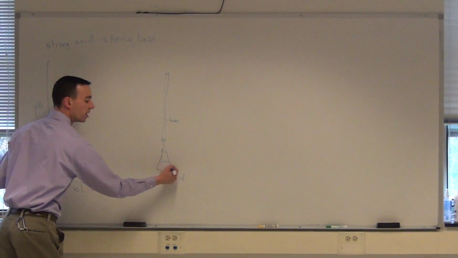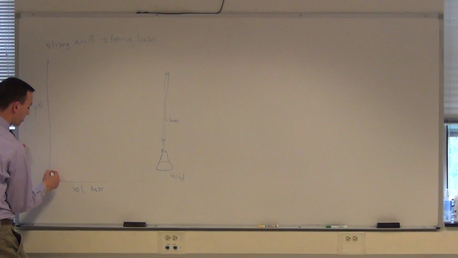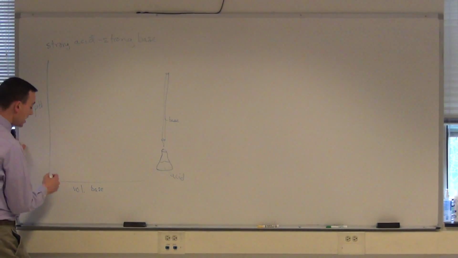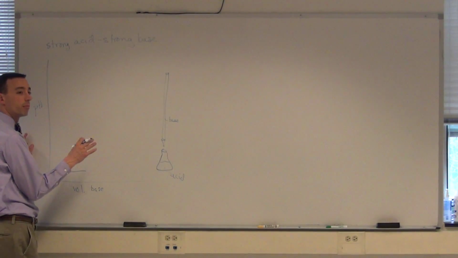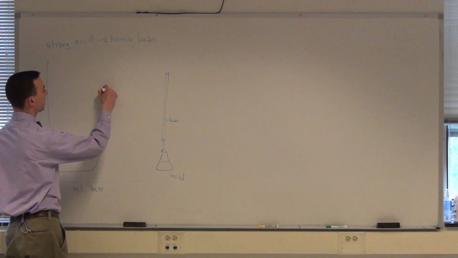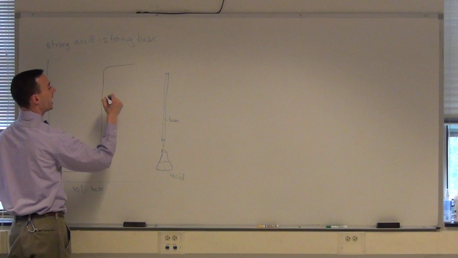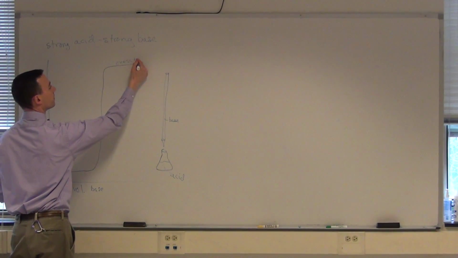At the start, we have a huge excess of acid, H3O+, so the pH would be very low, and that would stay that way for a very long time. Then all of a sudden, as we reach the molar equivalency between the two, the pH would rise very rapidly, and then it would flatten out again when we have our excess base at the top.